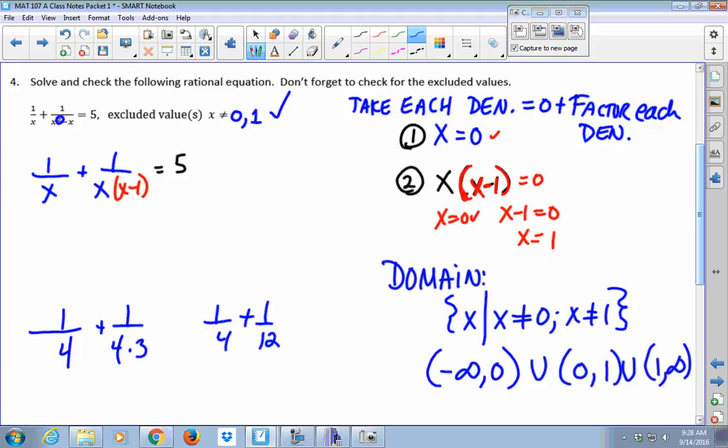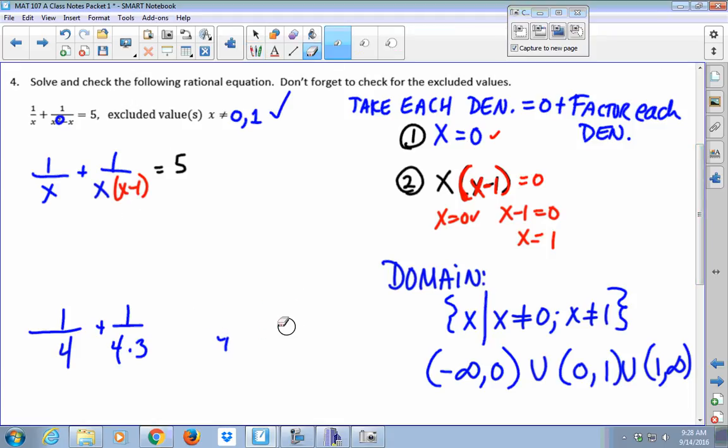Do you see that 12 is already the multiple of 4? It is the lowest common multiple because this denominator contains that denominator. You don't have to do any work to find the lowest common multiple. It's already right there.